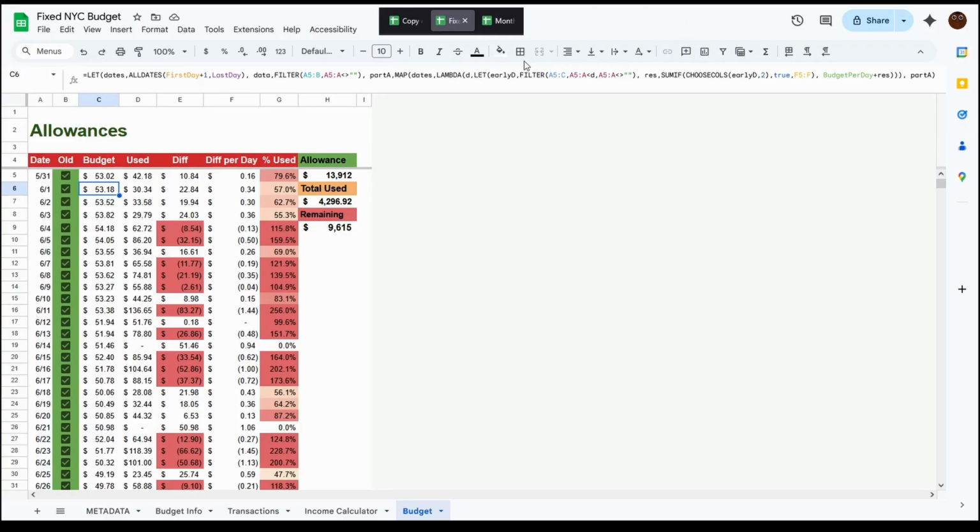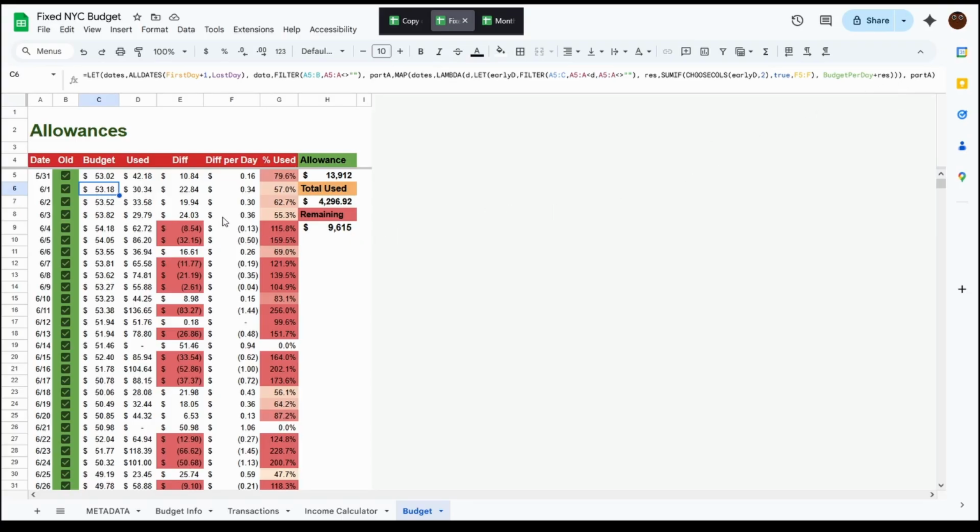It takes everything from the ones previous to today's date. So for each of the different dates, which is what map does, it will filter out all the days that are lesser than it, and then find all of the differences per day, bundle them together, sum them together, and then gives you the budget per day.